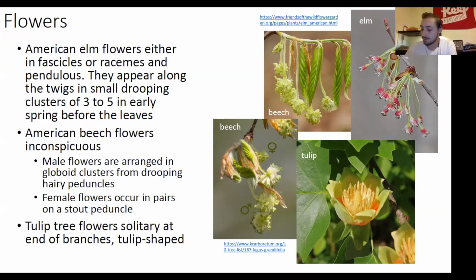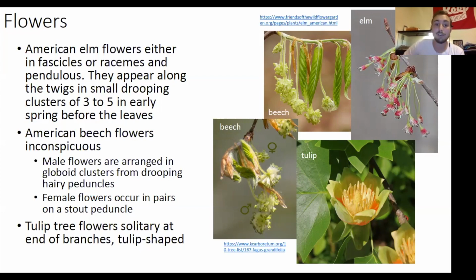For the example of our American elm and American beech, they can self-pollinate to a degree, but it was found that for an American elm, only 1.5% of self-pollinated flowers were able to actually produce viable seed. And this is a defense for the plant, actually, to increase genetic variability within the population, and that will lead into more long-term health for the tree as a whole.